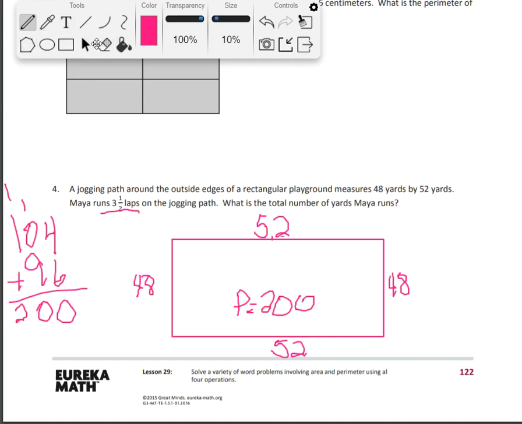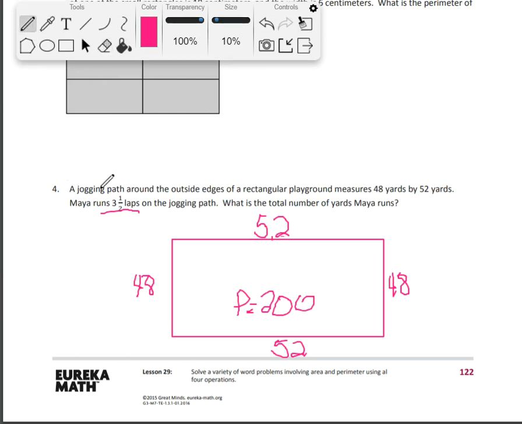Now, this 3.5 is about to look a lot friendlier. So she goes on 3.5 laps. On her first lap, she would have 200. On her second lap, she would have 400. On her third lap, she would have 600. So 3 laps would be 600.